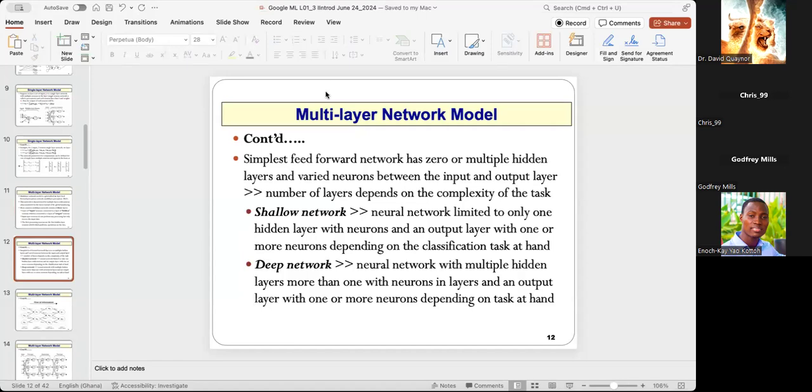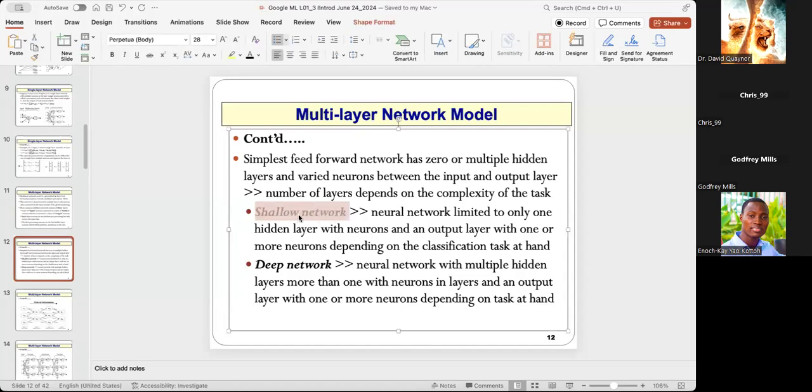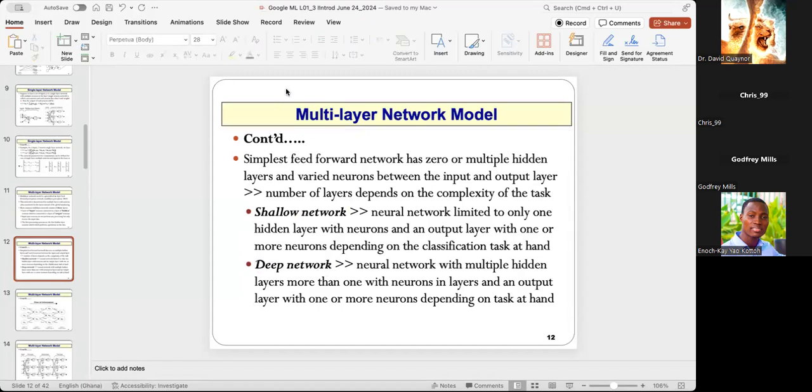Depending on how many layers we have in the neural network architecture, that gives us what we call a shallow network and a deep network.